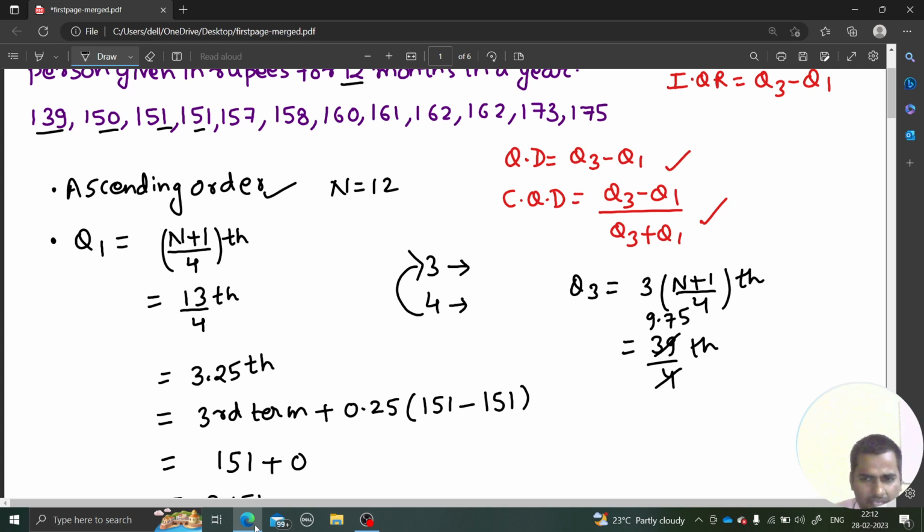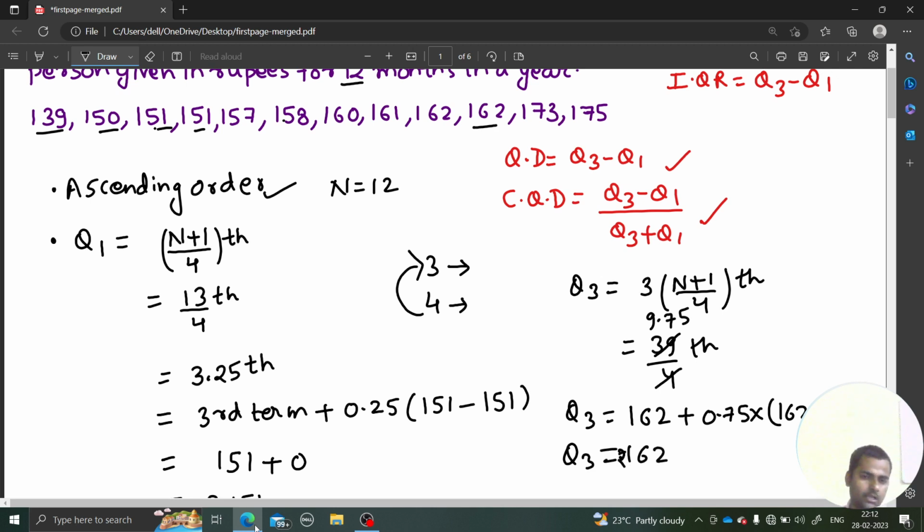So Q3 will be the ninth term, 162, plus 0.75 times the tenth term, which is 162 again, minus the ninth one. This does not always come the same, it can come different also. So your Q3 is 162, again in rupees.